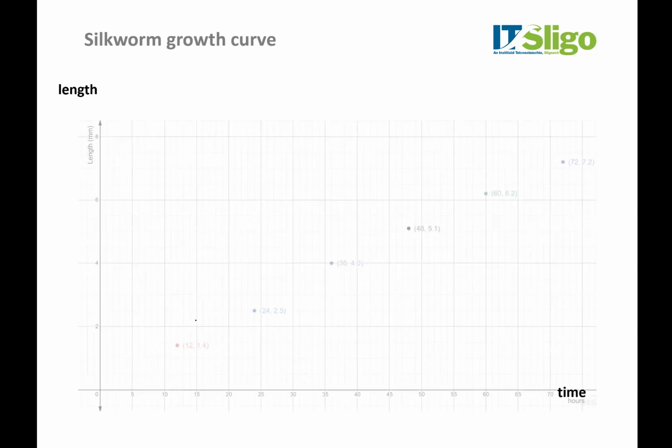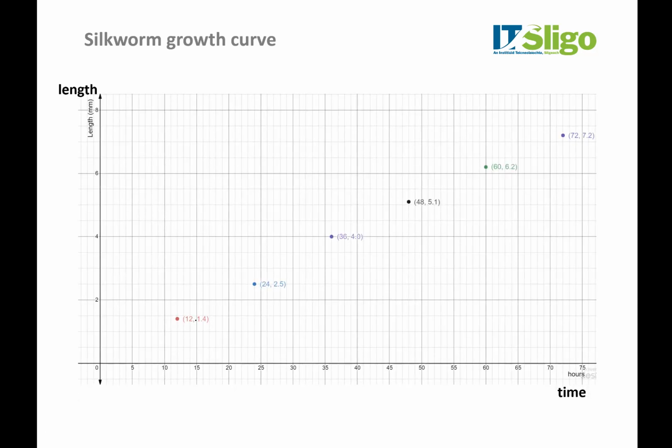Okay. So if we plot this properly, this is what we would get. Notice again, time is on the x-axis, length is on the y-axis. And now we plot our coordinates. And we draw our line. And note here, guys, the line does not travel through 0, 0. So the larvae was, this is our initial, at t is equal to 0.